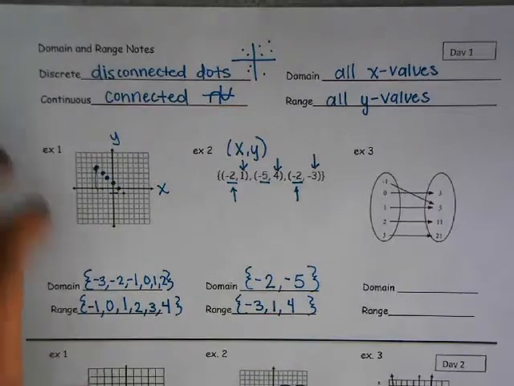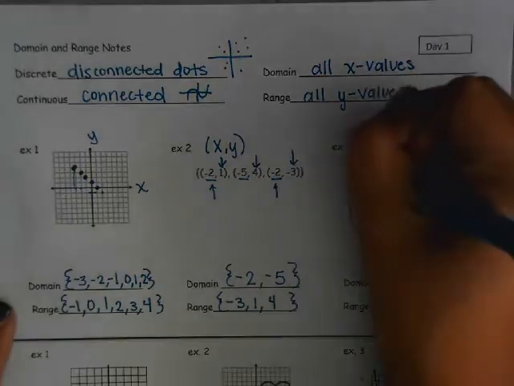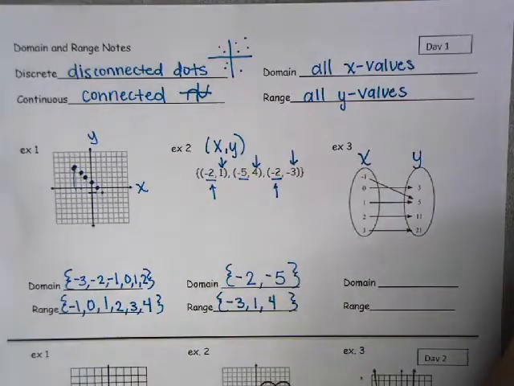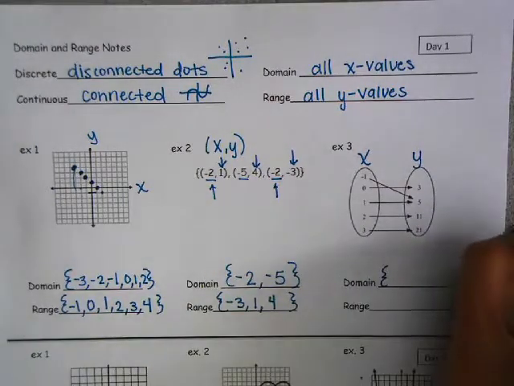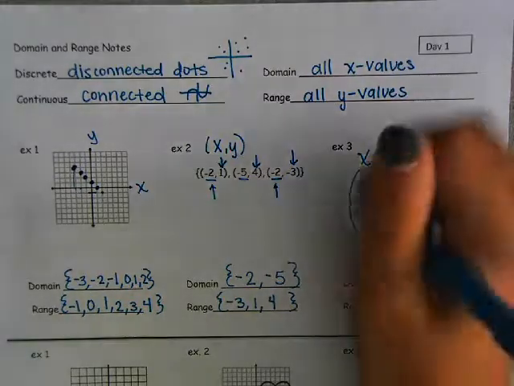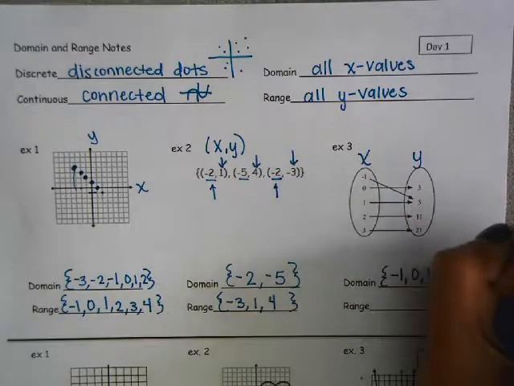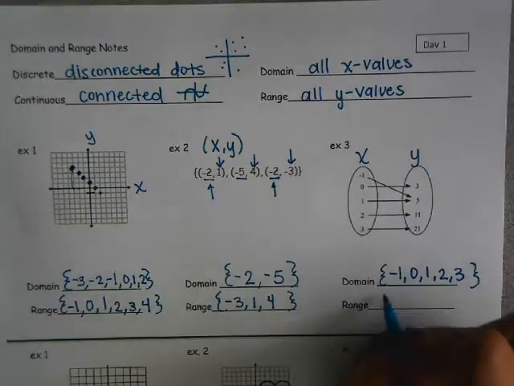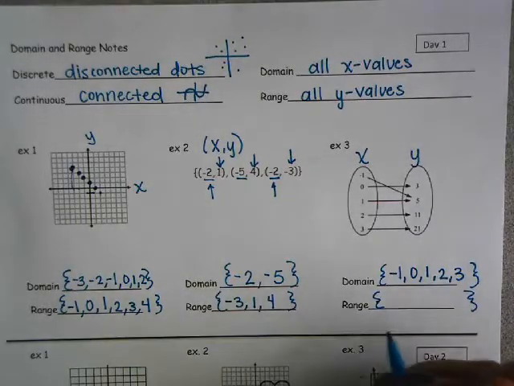And the last example that we're going to look at is mapping. So this is x and this is y. And we're basically just going to copy them over, okay? So for my x, I have -1, 0, 1, 2, and 3. And my y, my range, I'm going to do the same thing, just copy it over.